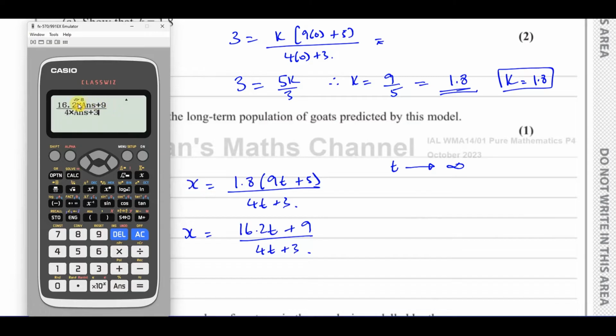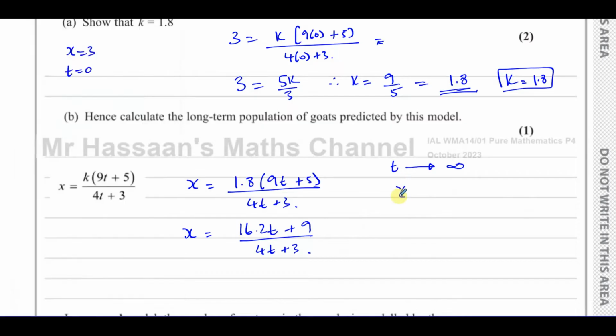So I'm just putting the big number in the place of where t is, and that's going to give us 4.0499. So you can see it's basically getting closer and closer to 4.05. So we can say as t approaches infinity, x approaches 4.05.